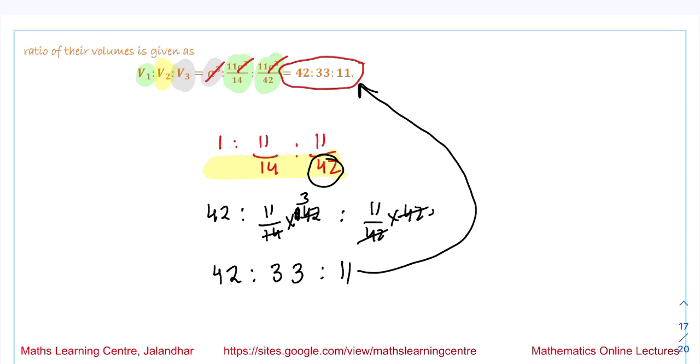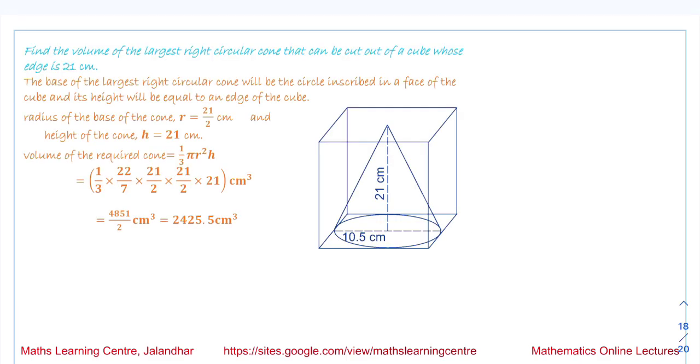Next is: find the volume of the largest right circular cone that can be cut out of a cube whose edge is 21 centimeters. So the edge of the cube is given to be 21 centimeters. We have to find the volume of the largest cone that can be cut from this.